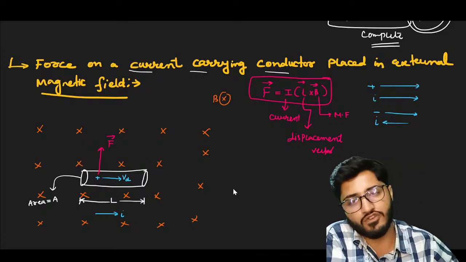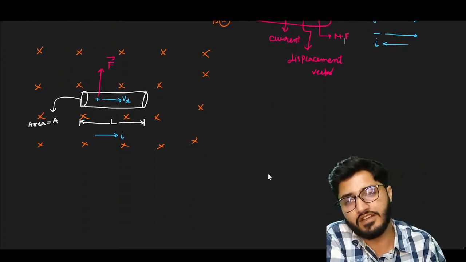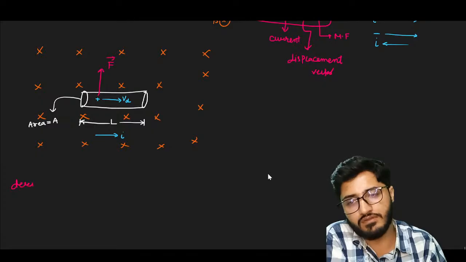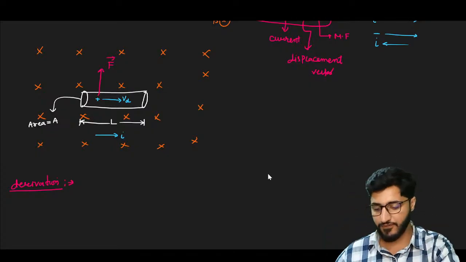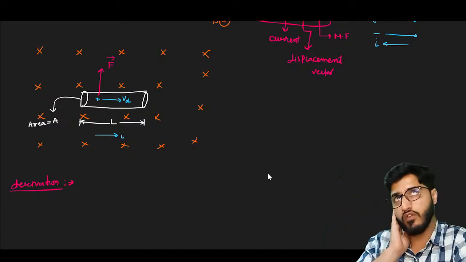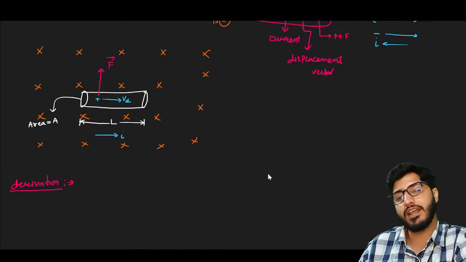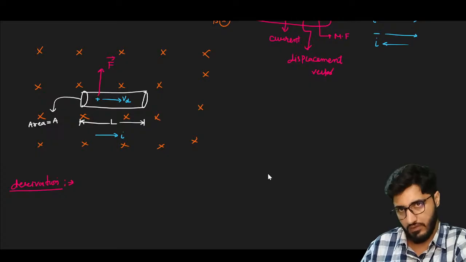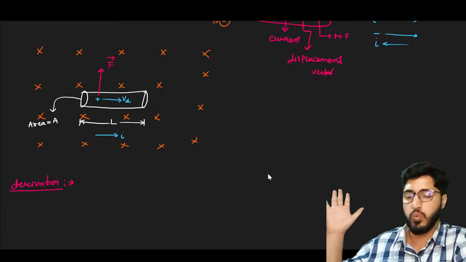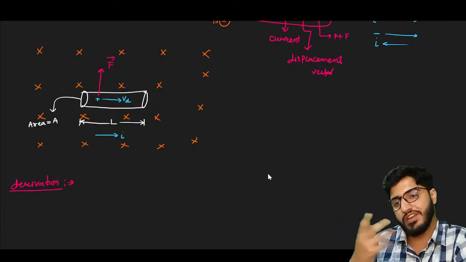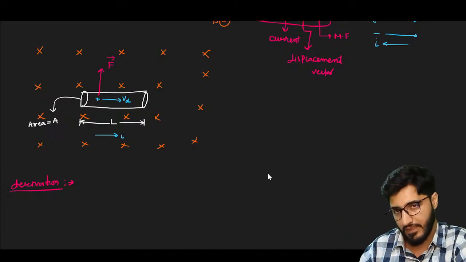Now let us do the derivation of it. How to get it? Look, I guess current is only flowing when free charge particles are moving, right? So if 1 million charged particles are moving, we are saying that there is a current.